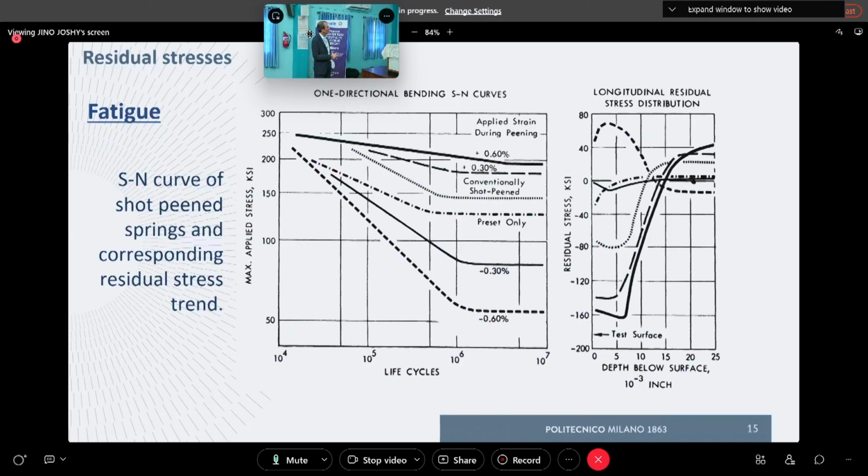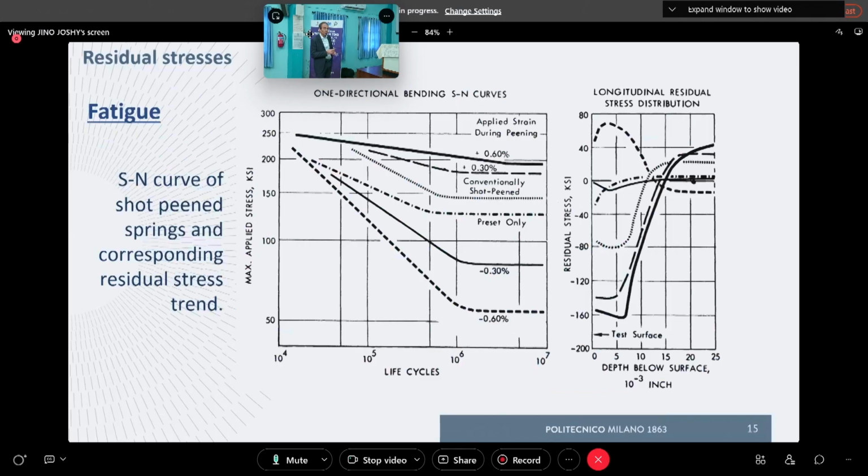Okay, this is clear. By increasing the residual stresses due to this modified shot peening treatment, we are able to go from 150 KSI in terms of fatigue limit to 180, more or less.